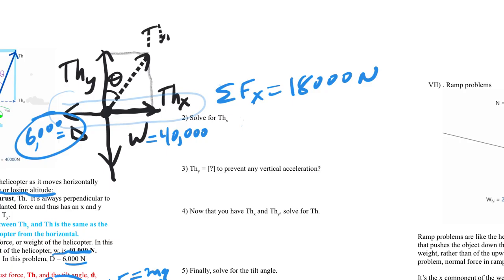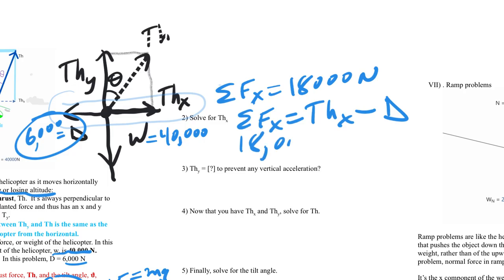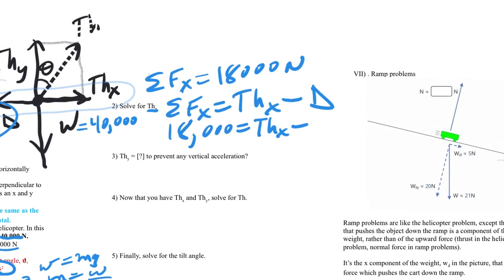Who's bigger than who? Well, I'm assuming it's accelerating forward. So the net force in x is equal to THX minus the drag. So 18,000 equals THX, which I'm trying to solve for, minus 6,000 drag.